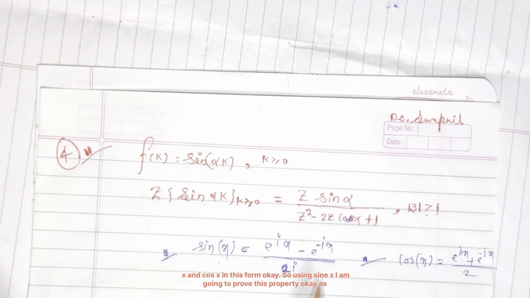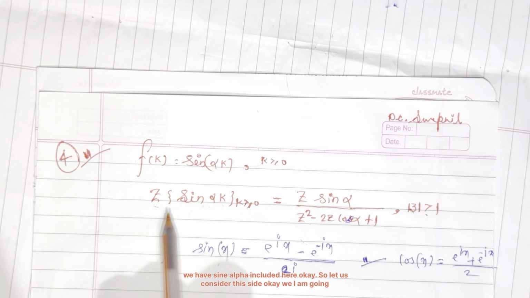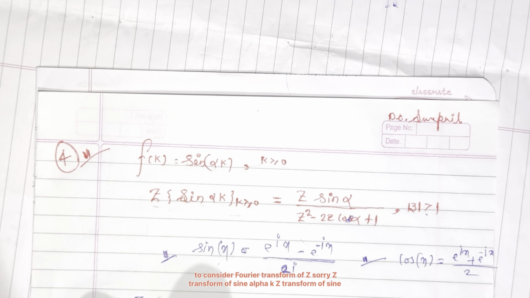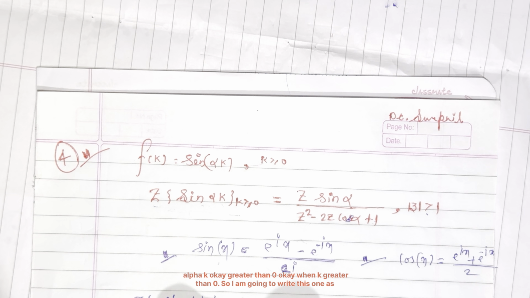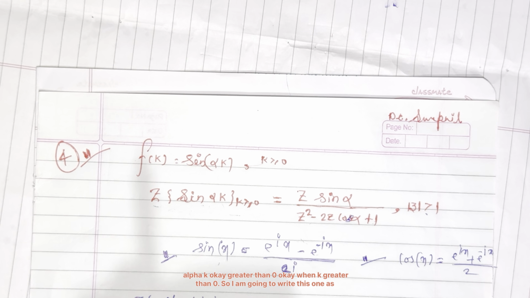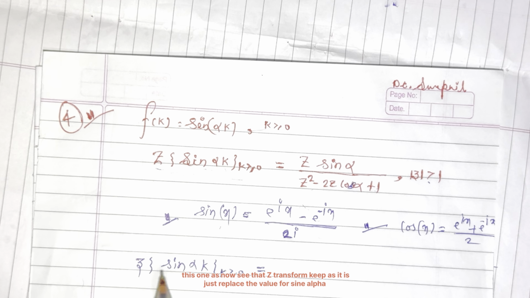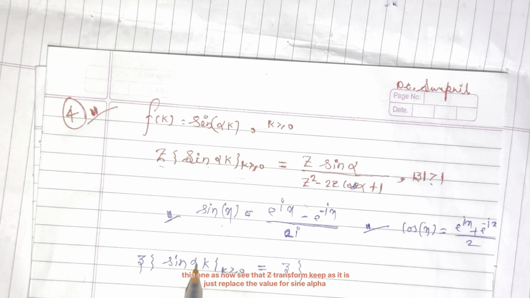So we write sin x and cos x in this form, and using sin x I'm going to prove this property, as we have sin alpha included here. Let's consider the Z transform of sin alpha k, when k is greater than or equal to 0. Keep the Z transform as it is, and just replace the value for sin alpha k.